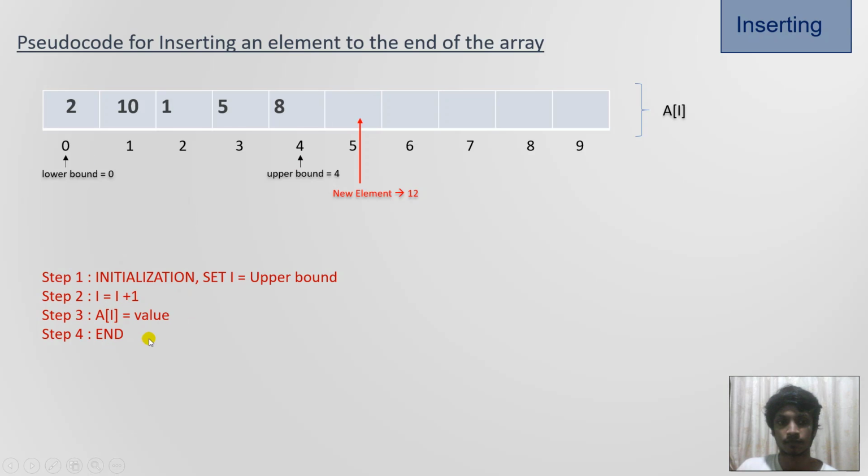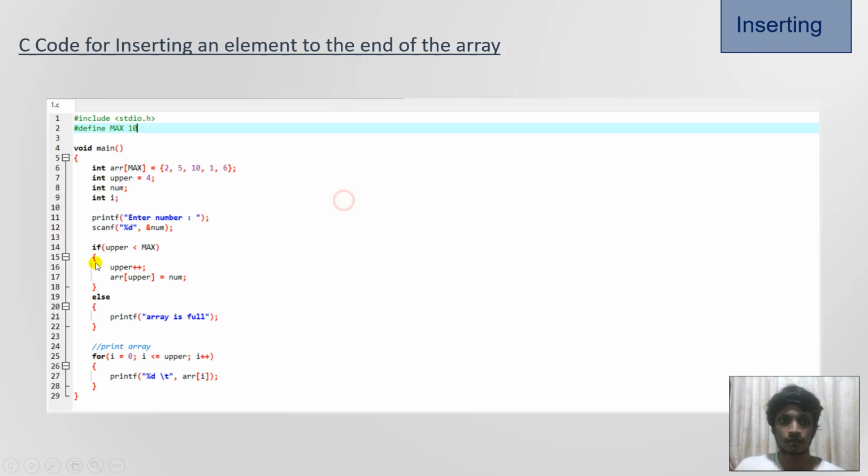Then we insert the corresponding element at the position we have just created. This is how the C code looks after implementing the pseudocode as programming code, so let's move to that part.